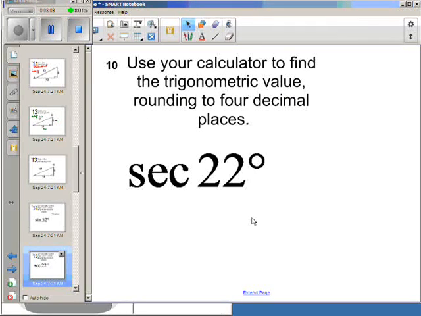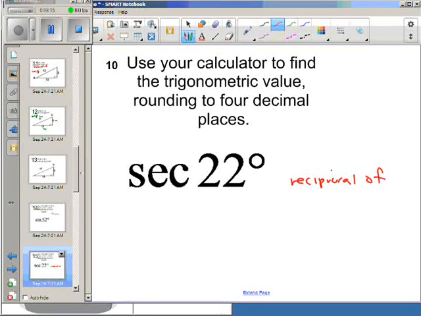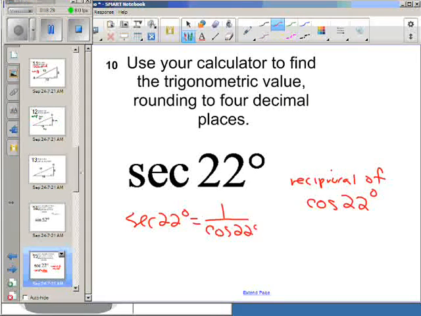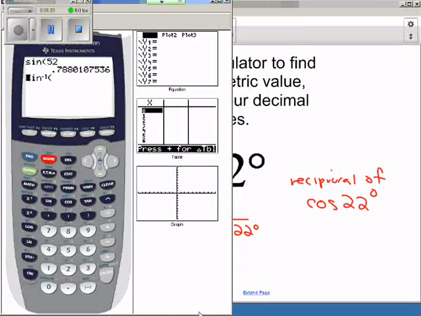So what I want to do is say, okay, secant is the reciprocal of the one with a co. I don't have a co, I need a co, so it's the reciprocal of cosine of 22 degrees, which means that secant of 22 degrees is 1 over cosine of 22 degrees. Now I have something I can do on my calculator.